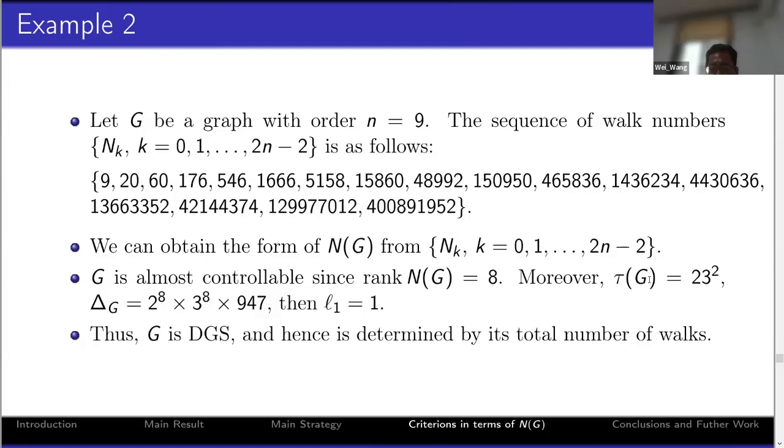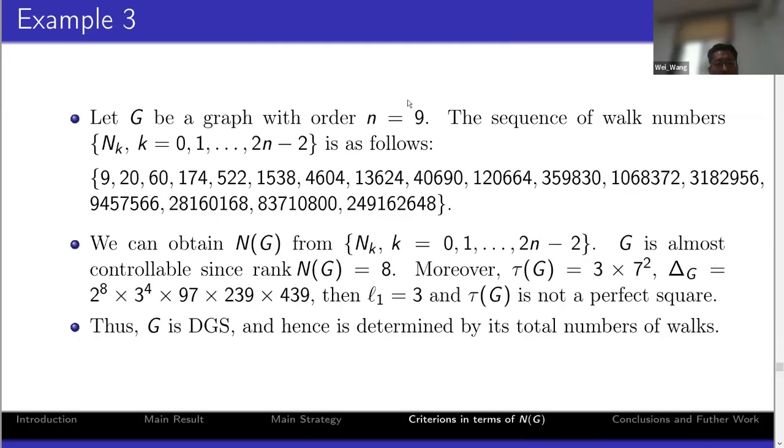We can obtain tau G equal to 23 squared, and delta G equal to this number. So they are co-prime, then L1 equals 1. So the conditions of the theorem are satisfied. So G is DGS, and hence is determined by its total number of walks.